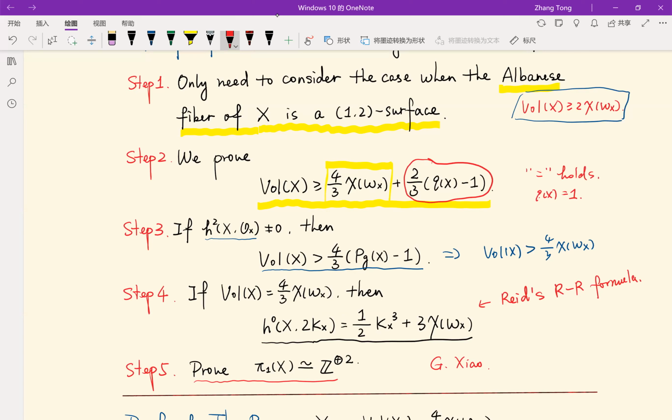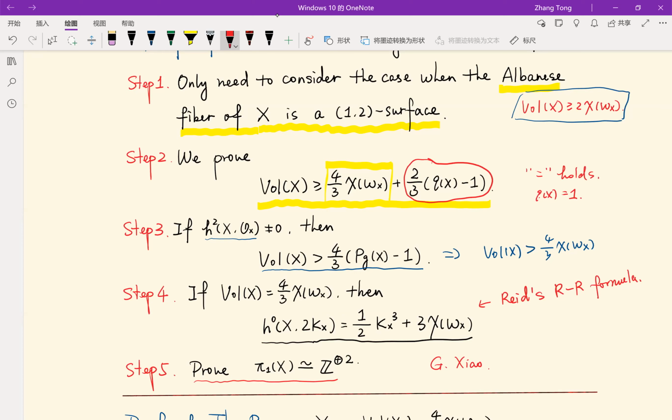And you know that if you have a K3 surface, then the fundamental group is trivial, because K3 surfaces over complex numbers are all simply connected. So you have a fibration with general fiber simply connected, and you also have a section.